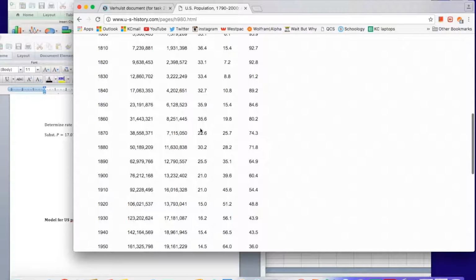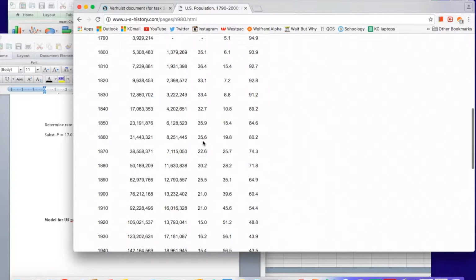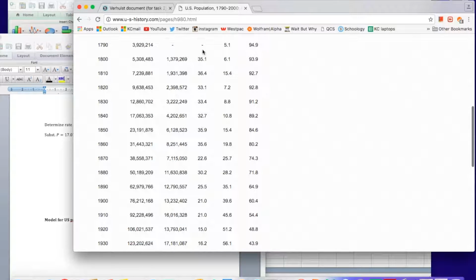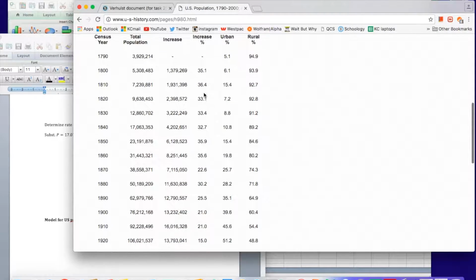It drops below that once we get to 1870. It would be interesting to know what happened in this time period to see that sudden drop in rate of growth. The population's still growing, but just not as rapidly. So essentially, the rate of growth is not a constant, and you can see that here.